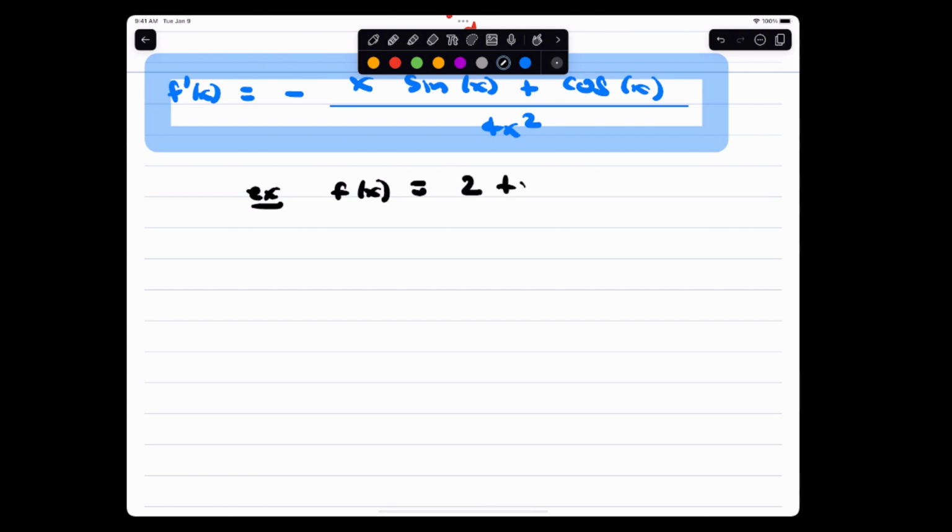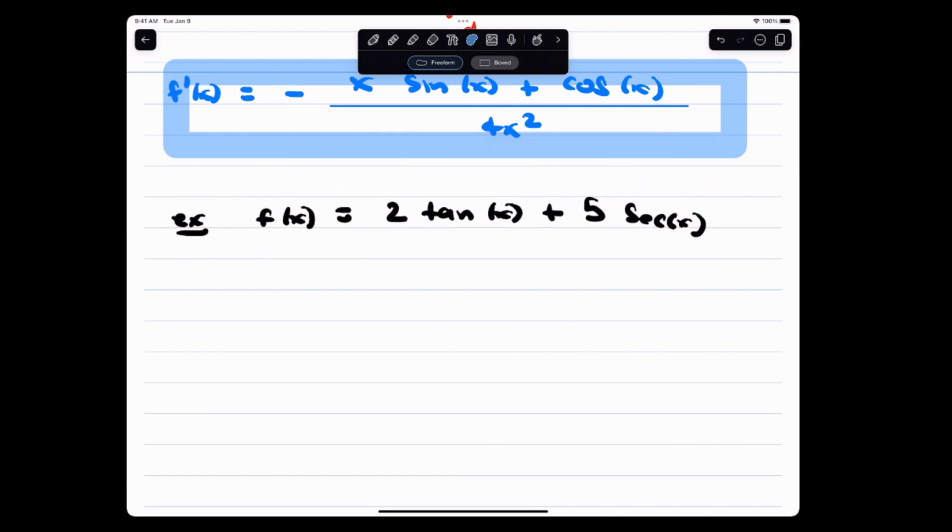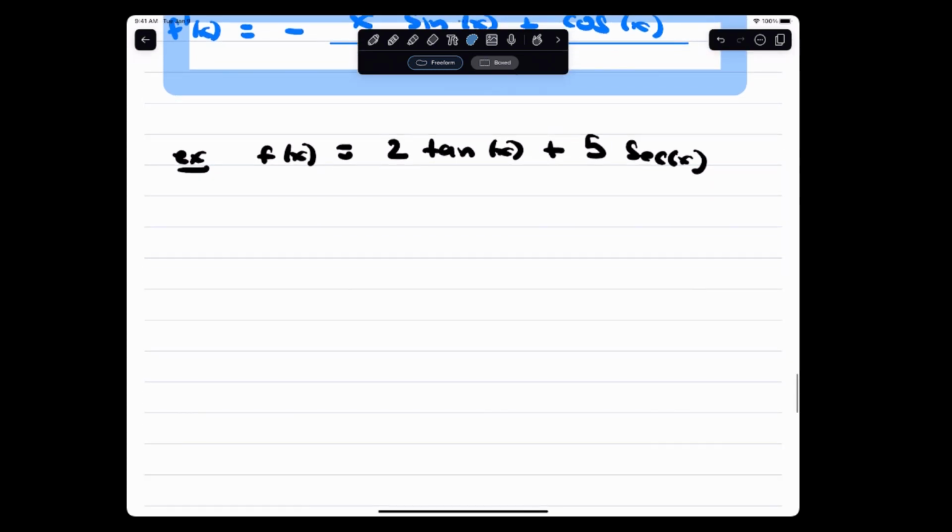So if they say 2 tangent plus 5 what? Secant. Okay, you guys okay with that? So you're going to differentiate what? 2 tangent plus 5 what?